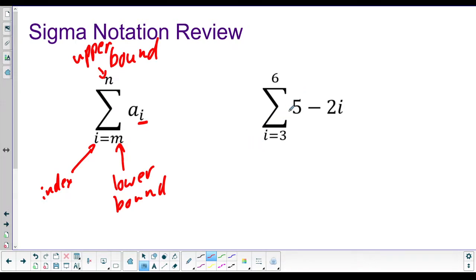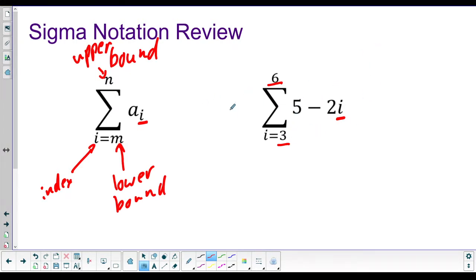So we are seeing our index here is I. So this variable is the one where we're going to be plugging in different numbers. And the numbers we're going to plug in are 3 through 6. So we're going to start at 3, end at 6, and then all the different terms we get by plugging in those 4 different numbers, we'll add those terms together.